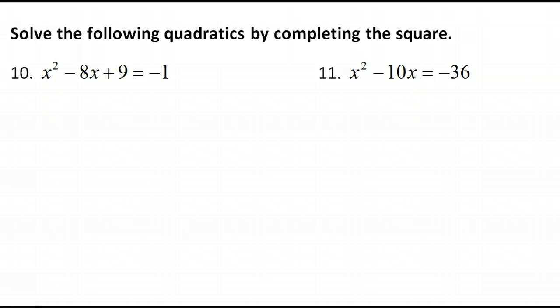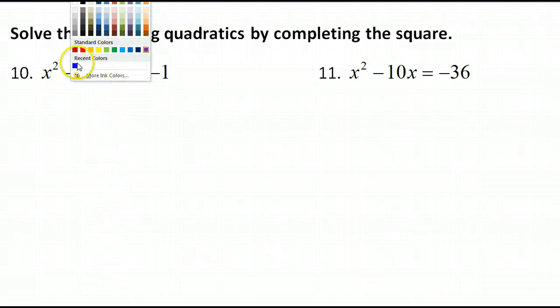Now, completing the square. What's today? Monday? Alright, so this is what we learned on Friday. Yeah, this is what we learned on day 5. We need a special number to be here, this third number.